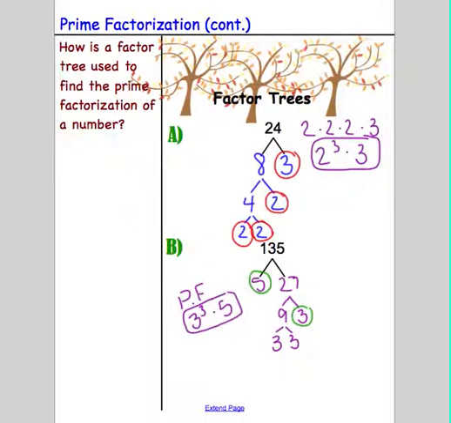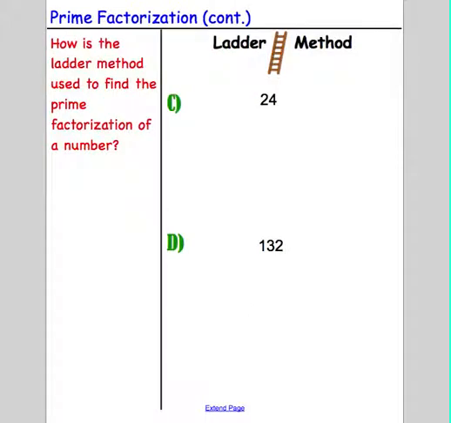Now, the second method is going to be our ladder method, which I chose 24 for because we already know how this one comes out. So I can go ahead and just show you my ladder method. In the ladder method, I draw a box and I divide out the smallest primes. I know that this is divisible by 2, and 24 divided by 2 gives me 12. It's like upside down division. Then I can divide out another 2 because I know 12 is divisible by 2, and I get 6.